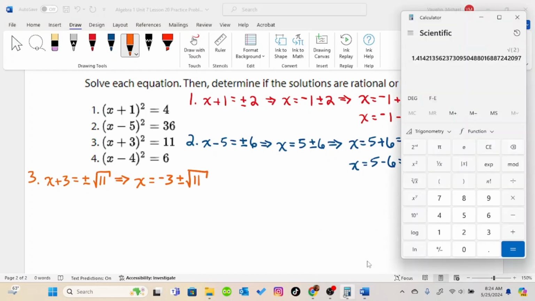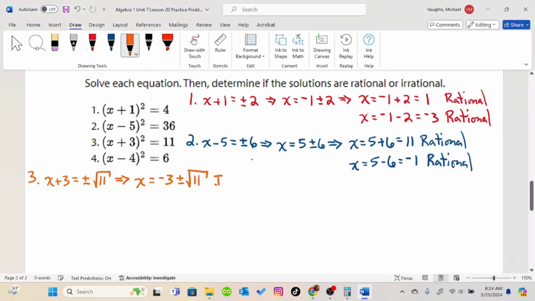If we put the square root of 11 into a calculator, we get a non-repeating, never-ending decimal. So the square root of 11 is irrational. So these answers are irrational.